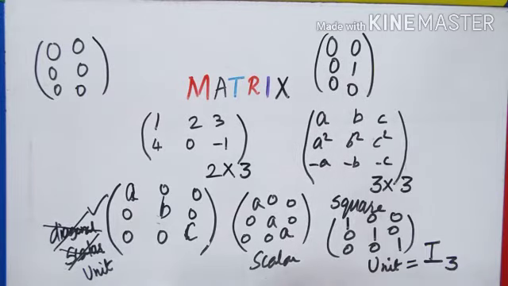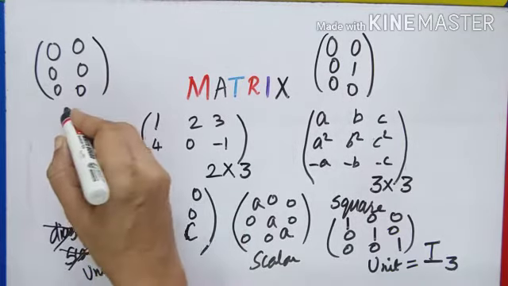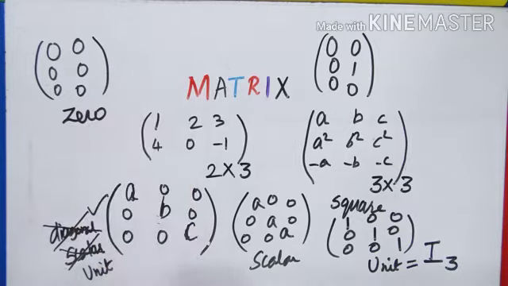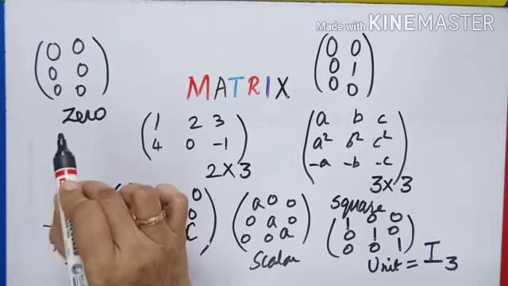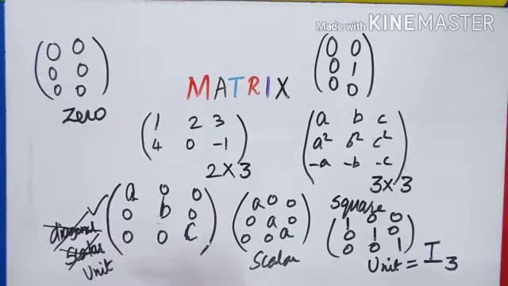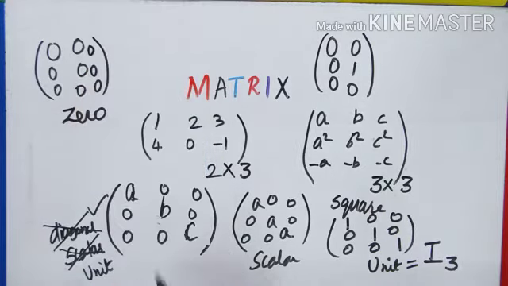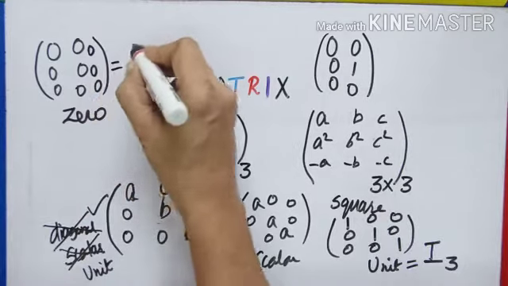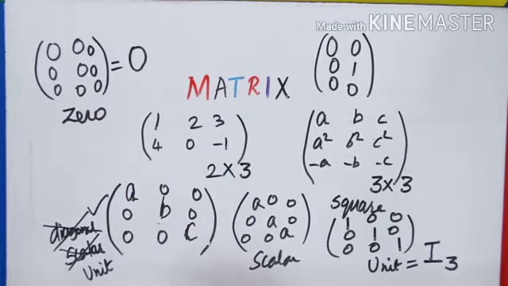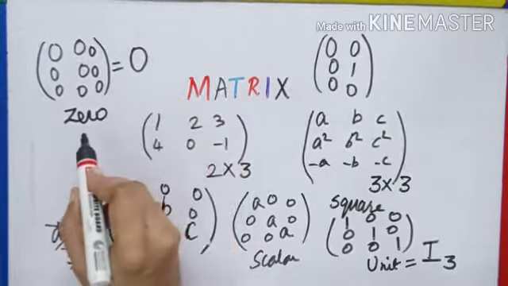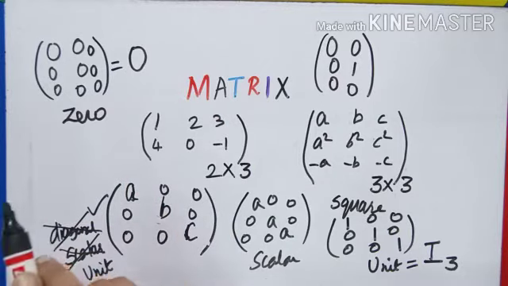This is not a 0 matrix, whereas this I call a 0 matrix. A 0 matrix can be of any order. Here it is 2 by 3. I can write 3 by 3. So the 0 matrix we denote with capital O. O represents the 0 matrix or null matrix.